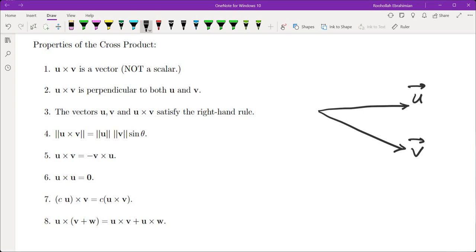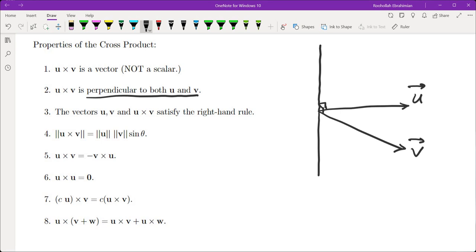What is vector u cross v? There are two things that we need to know in order to understand the direction of u cross v. The first one is u cross v is perpendicular to both u and v. And by the way, cross product is going to be a vector, not a scalar. So u cross v would be a vector perpendicular to both u and v. So it would be either going up or going down.